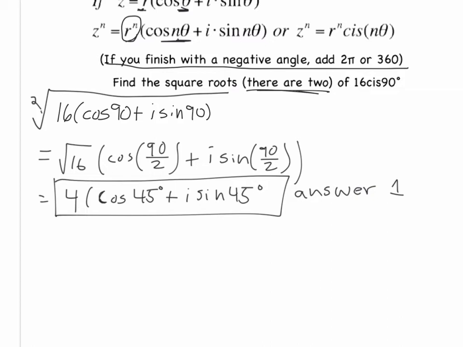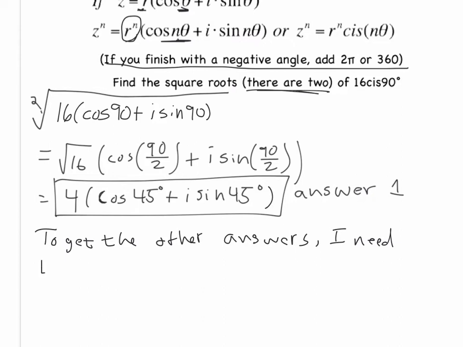So if I want to get the other answers, I need to take the answer I have right now, the 45 degrees, and add 360 over n.